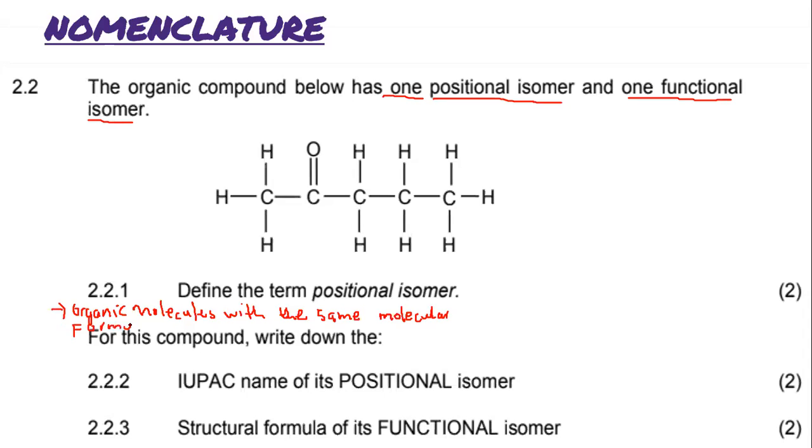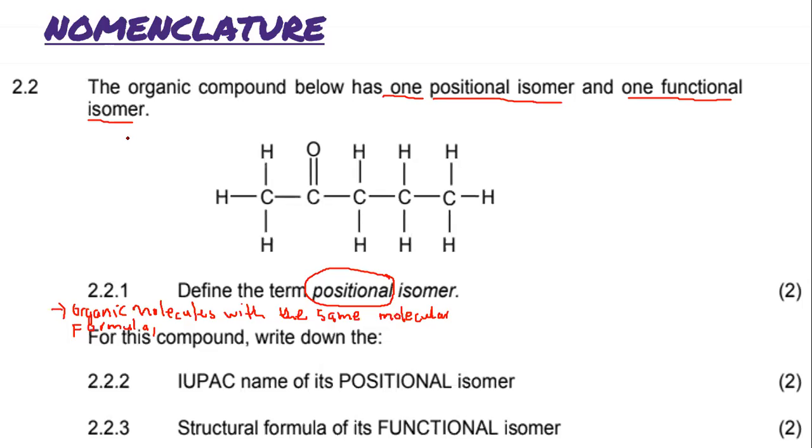But now, my dear learners, remember, it's a positional isomer altogether. So when it's a positional isomer, now it is specific. I know that when we define just isomer or structural isomer, we say those are organic molecules with the same molecular formula but different structural formula. But for this one, my dear learners, they want you to be specific about a positional isomer.